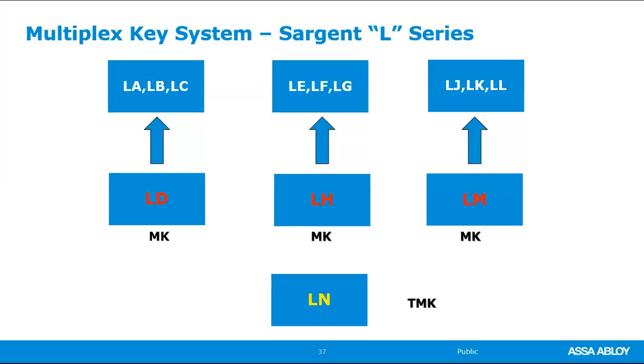So as you can see, if I put biddings of 654231 on an LA key blank, and I put the same biddings on an LE key blank, they will not work each other because an LA will not go in an LE and vice versa. None of the top keyways will go in each other, so you can exponentially increase the system, because if I put the same biddings, it's okay, they won't go into each other.